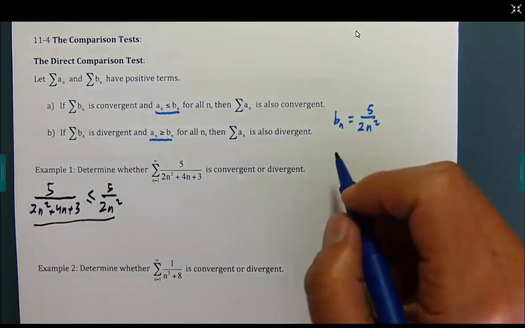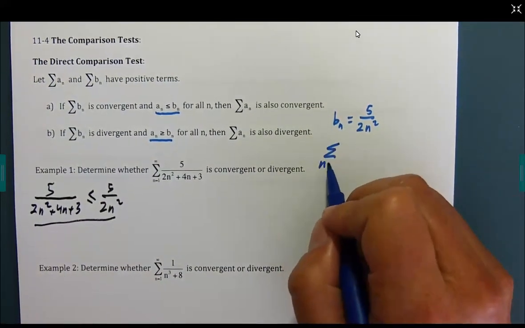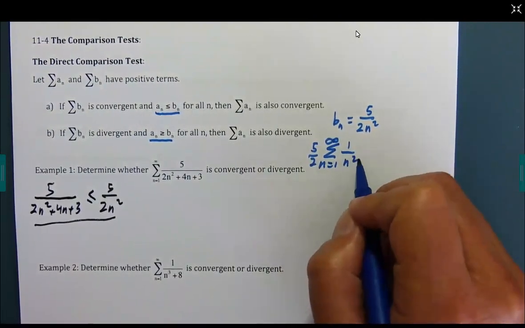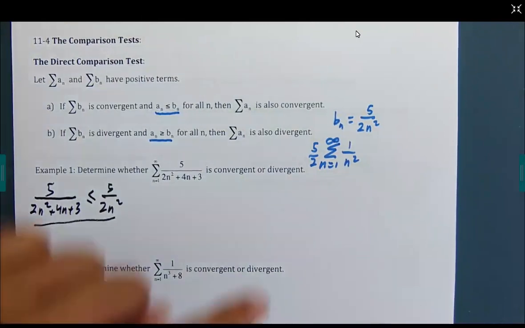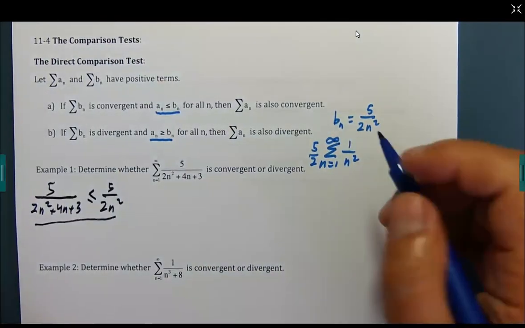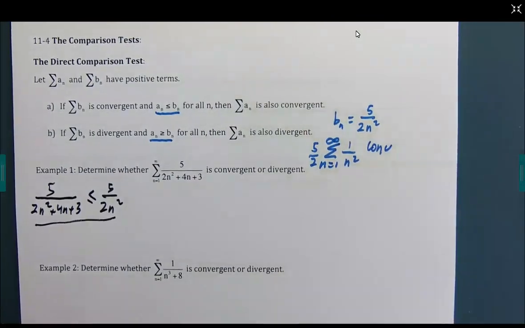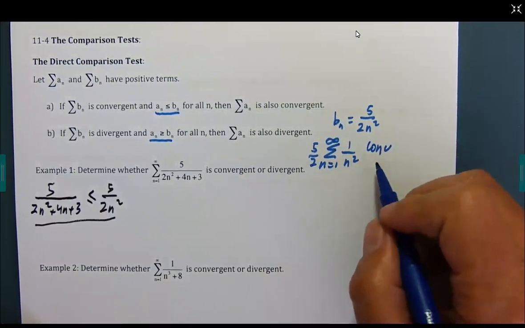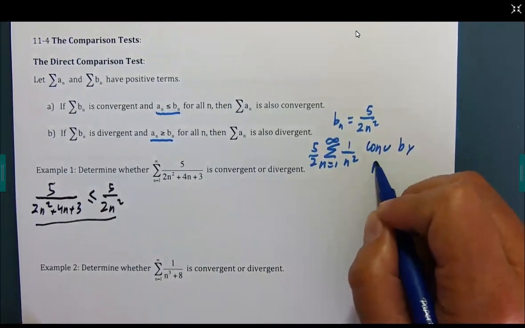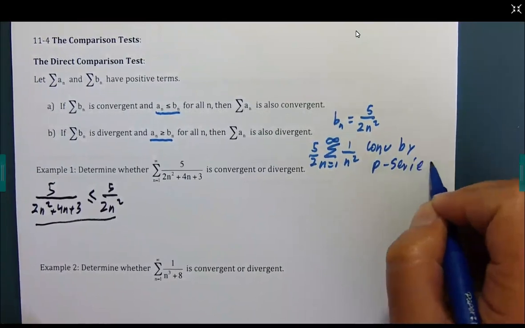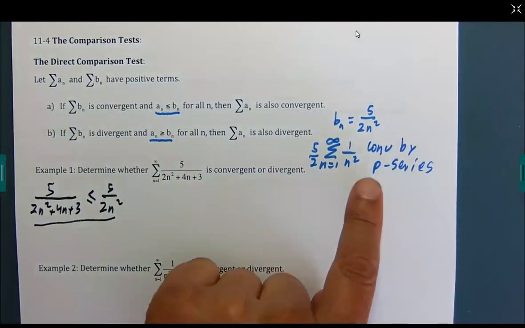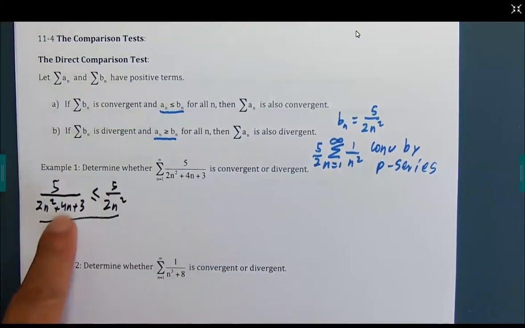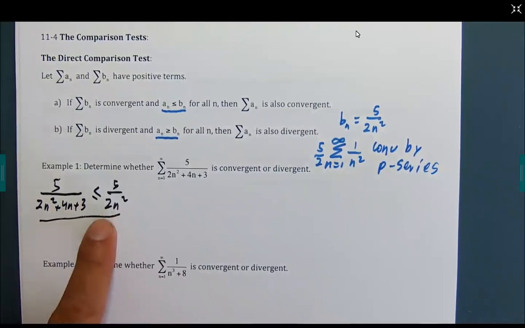Something else, we also know that this, which is based on this, is convergent. I know that's convergent because it's a p-series, right? P is bigger than 1 in this case. Convergent by p-series. So now we know that what we're comparing it to is convergent, and all of our a sub n terms are less than or equal to this for all n.